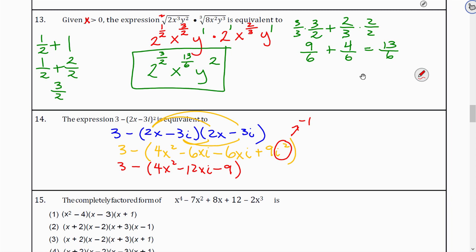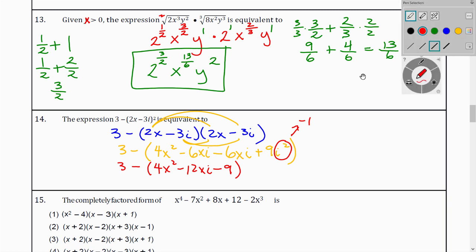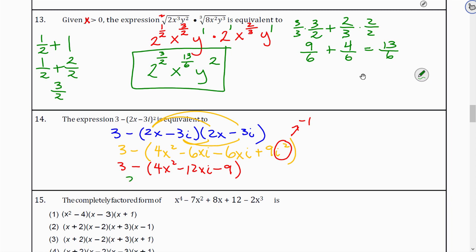Okay, now we'll deal with that negative sign. So 3 minus 4x squared plus 12xi plus 9. If I combine the 3 and the 9 together, then I get negative 4x squared plus 12xi plus 12. And that's it.